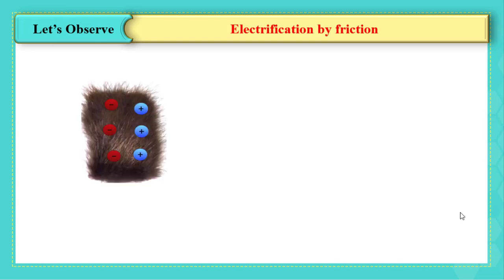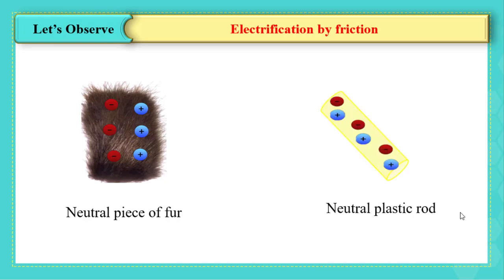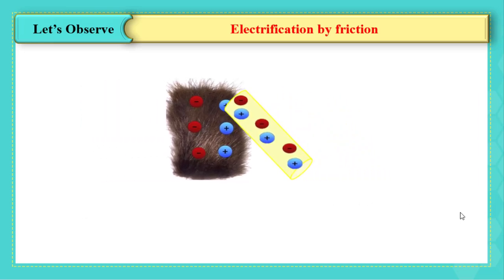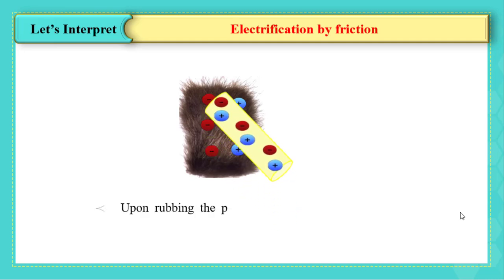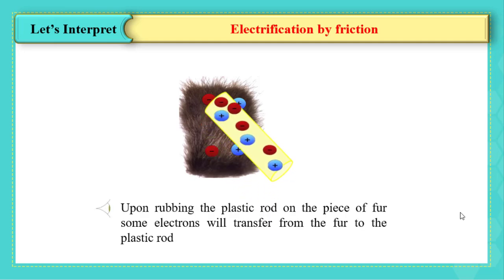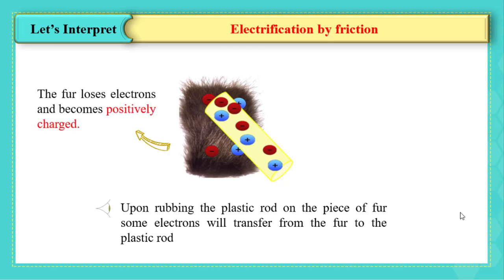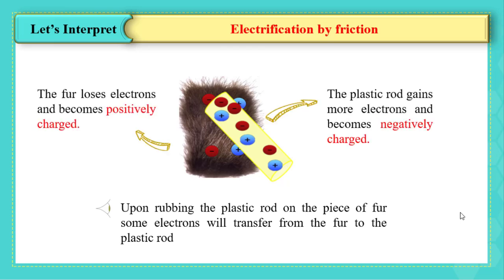Initially, the piece of fur and the plastic rod were neutral, having the same number of protons and electrons. Upon rubbing the plastic rod on the piece of fur, some electrons will transfer from the fur to the plastic rod. Then the piece of fur loses electrons and becomes positively charged, and the plastic rod gains more electrons and becomes negatively charged.